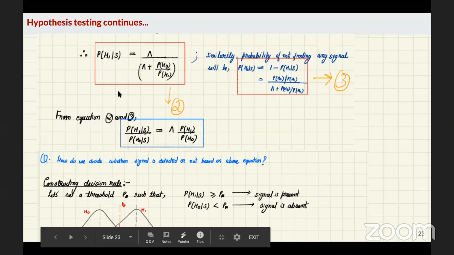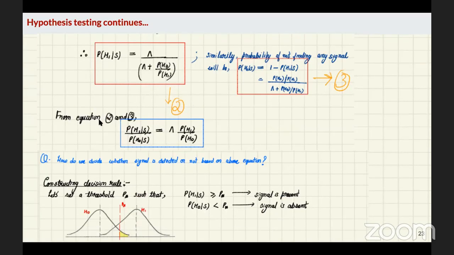Okay, so here the same slide is being repeated. Here what we say is that the probability of hypothesis H1 being correct given the data, over the probability of H0, which is hypothesis 0 where the signal is absent given the data, is basically dependent on this detection statistic times the probability of hypothesis 1 over the probability of hypothesis 0.